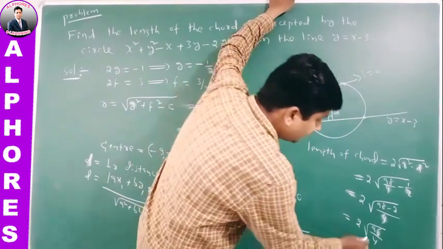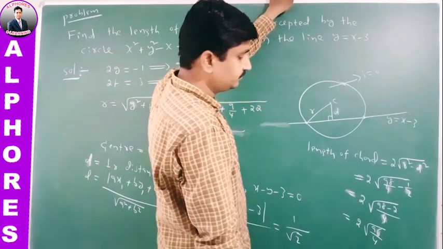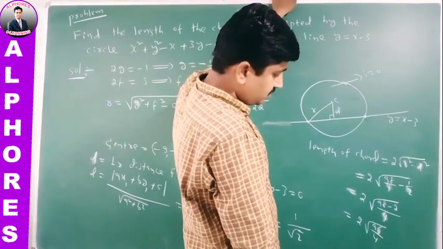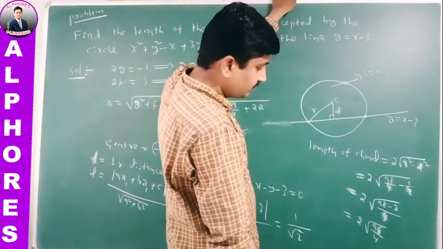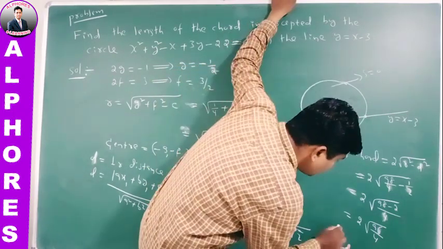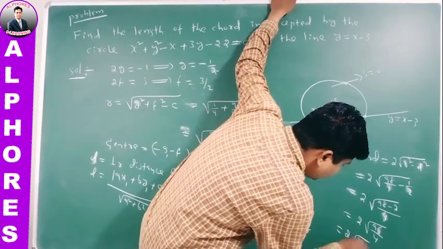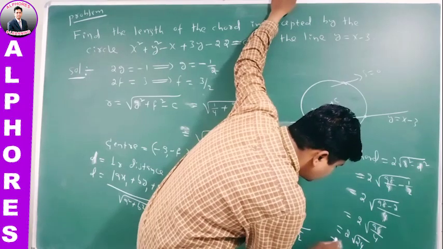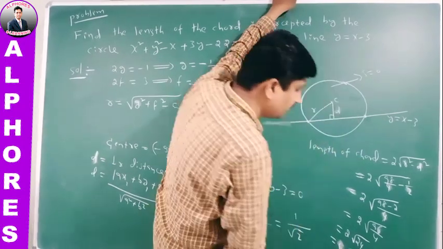Okay, 96 by 4: 4 2s are 8, 4 4s are 16. Therefore it is 2 into under root of 24. Write 24 as 4 into 6. Finally, 4 root 6.